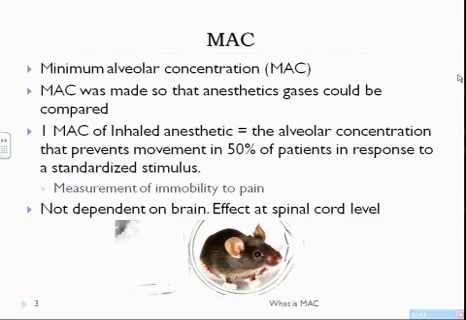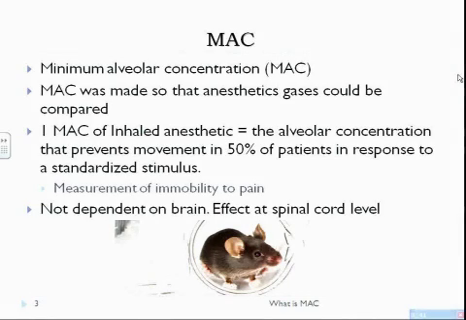So it's dependent on the spinal cord. And I can tell you, if you're suppressing the spinal cord, you're suppressing the brain a heck of a lot more. So most of the time, if you're at a MAC of 1, your brain is going to be pretty asleep. But the flicking movement, the painful movement away from pain, just means that the reflex arc has been inhibited 50% of the time at MAC of 1.